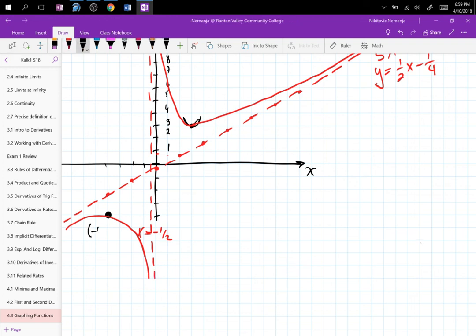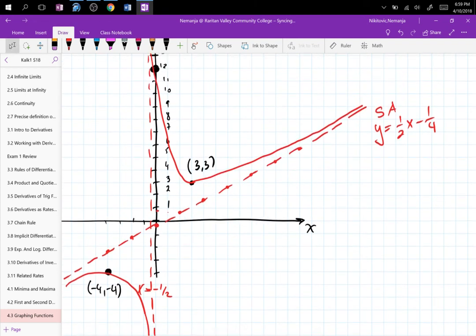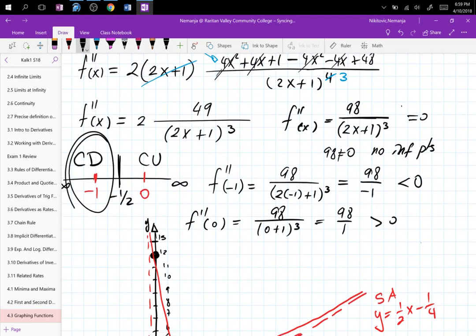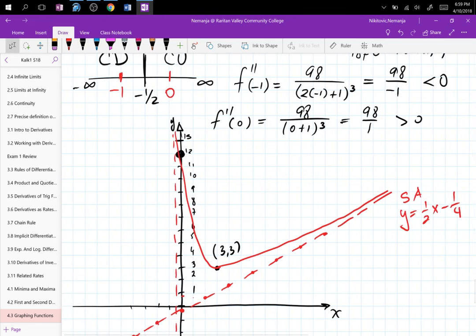This is -4, -4 max, and this is 3, 3 min. And there's your function. You can do it by hand. The problem is that it has about a 20-minute calculation before that, but it matches everything. Don't you have concave down before the vertical asymptote? Yeah, you do. Concave down before the vertical asymptote. Concave up after the vertical asymptote. There's your concave up, right? So everything works. It's great.